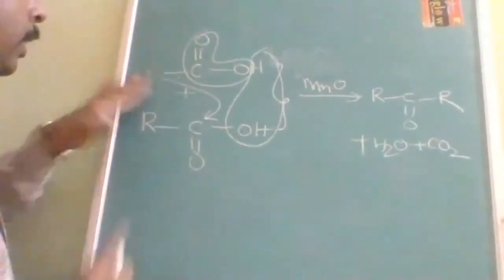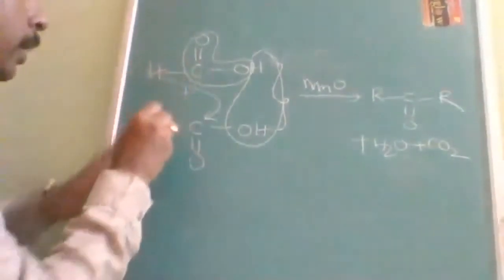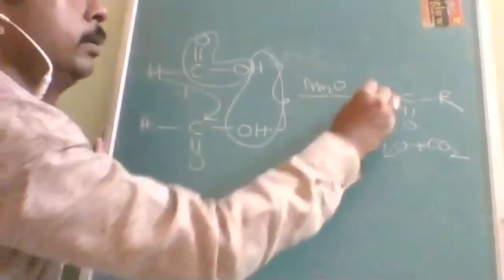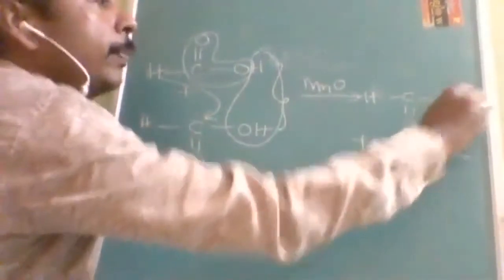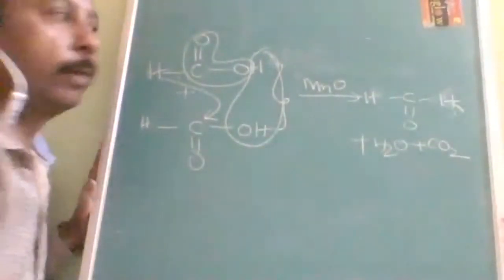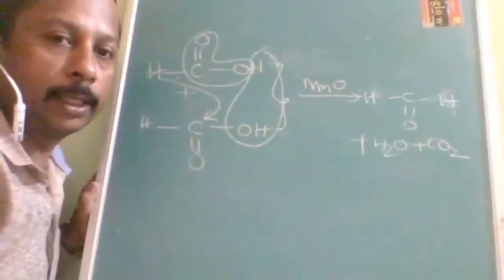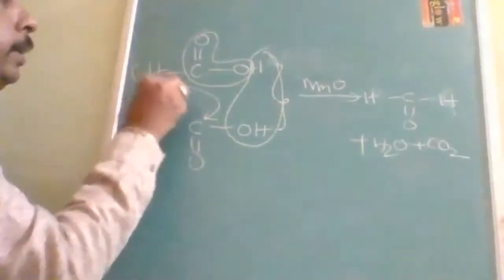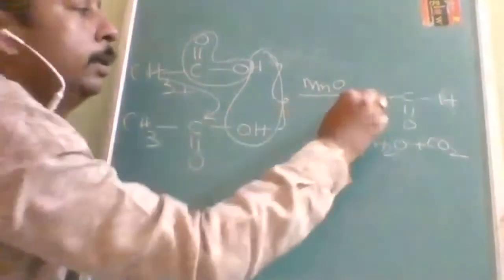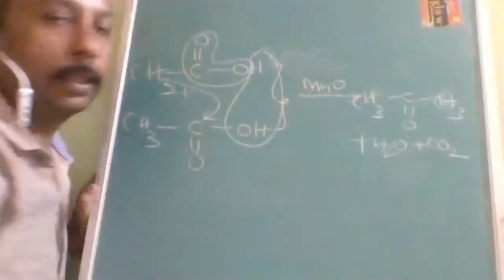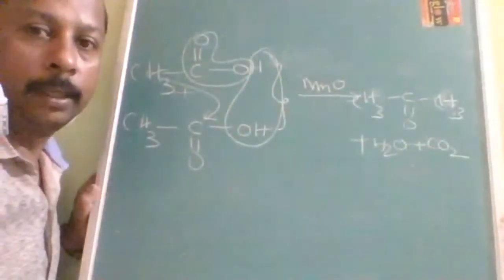See here, if you write H here, you will get formaldehyde. This is just like a formula, a shortcut method, a memory technique. You can call it as per your convenience. If I write CH3, CH3, it is giving acetone.